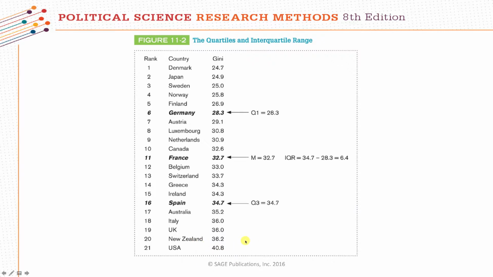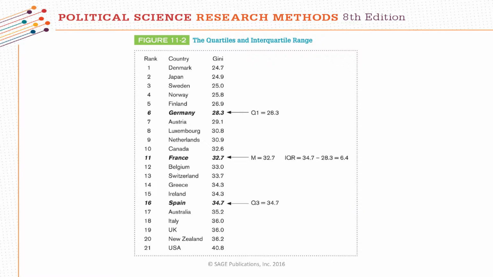But the question is, you see the lowest Gini index is 24.7, the highest Gini index is 40.8. All right, well, that sounds like a big deal to me. Maybe it's not a big deal. I'm not really sure. And so one of the good ways to think about whether or not a given observation is significantly different than other observations is to create an interquartile range.